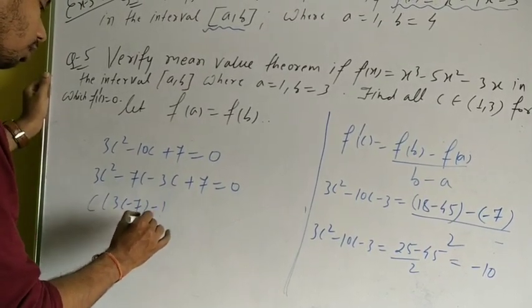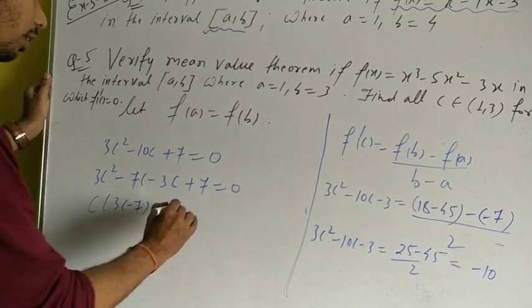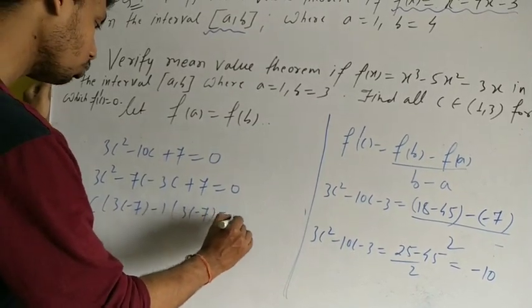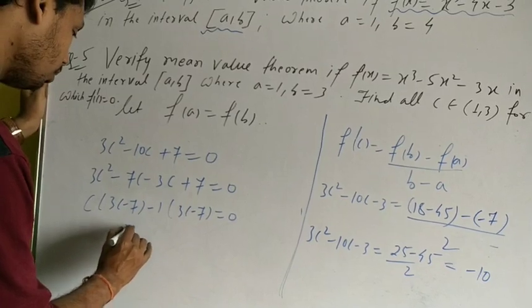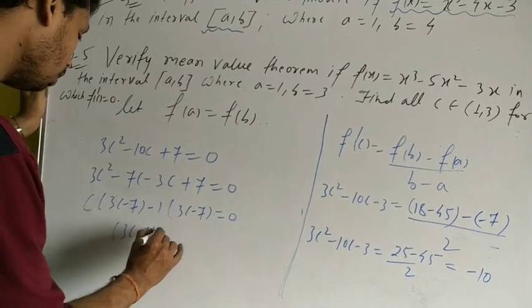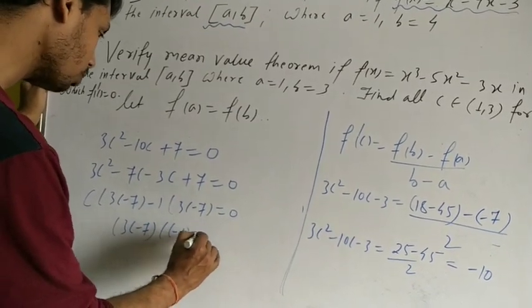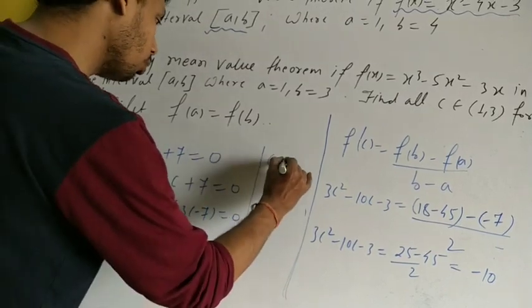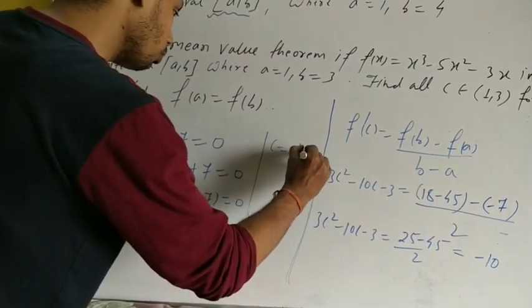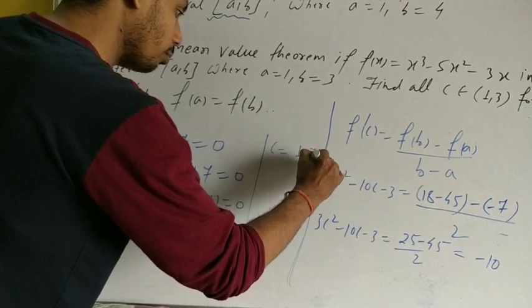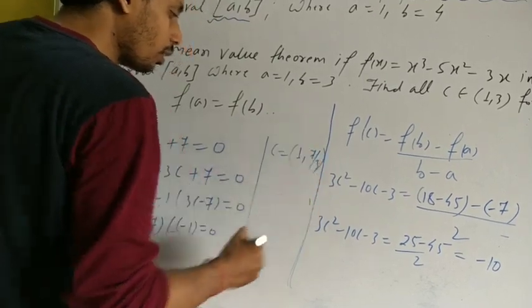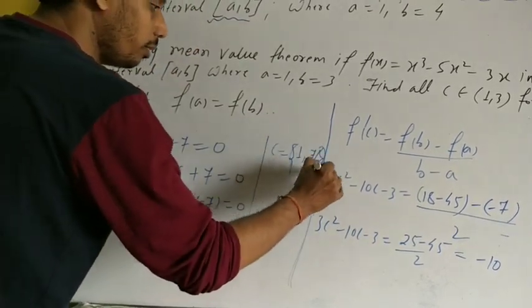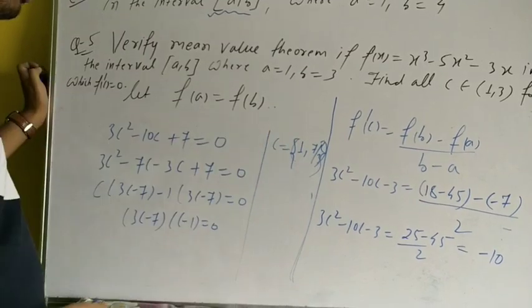If we take minus 1 common, again we'll get 3c minus 7 is equals to 0. So 3c minus 7 into c minus 1 is equals to 0, or the value of c is equals to either 1 or 7 by 3. These are the values of c, 1 or 7 by 3.